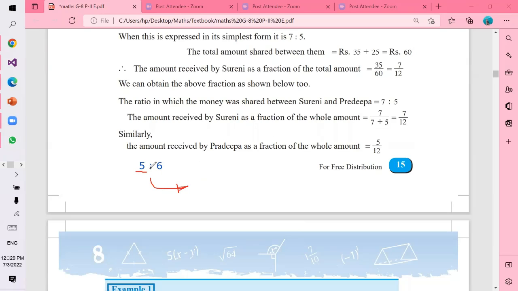Simply, the first term can be turned as the numerator of the fraction, and the second term can be used as the denominator of the fraction. So the answer will be 5 over 6.